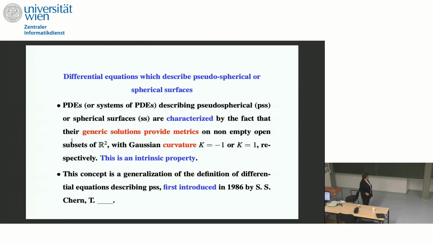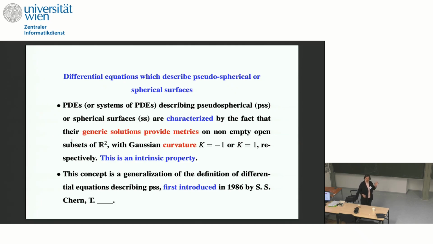Now, I want to tell you about the differential equation that describes pseudo-spherical surfaces. These surfaces are characterized by the fact that a generic solution will define a metric in open subsets of the plane such that the Gaussian curvature is -1. This is an intrinsic property.